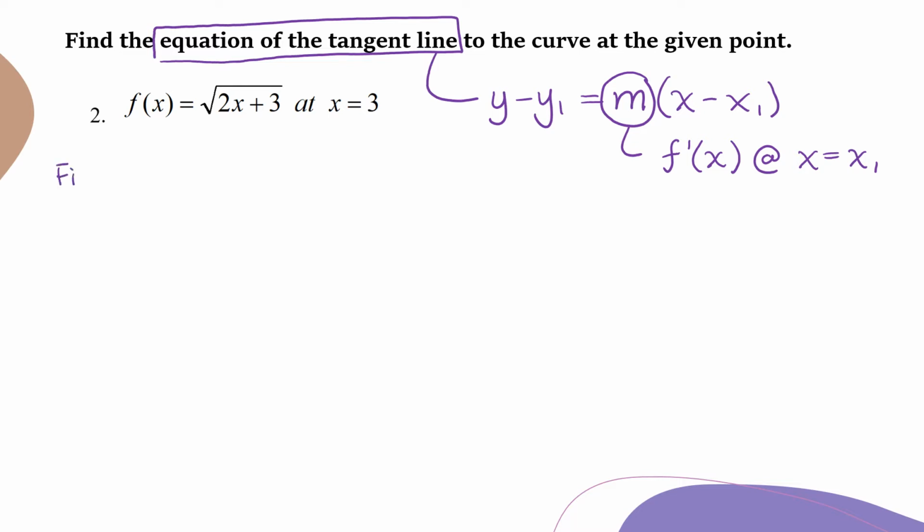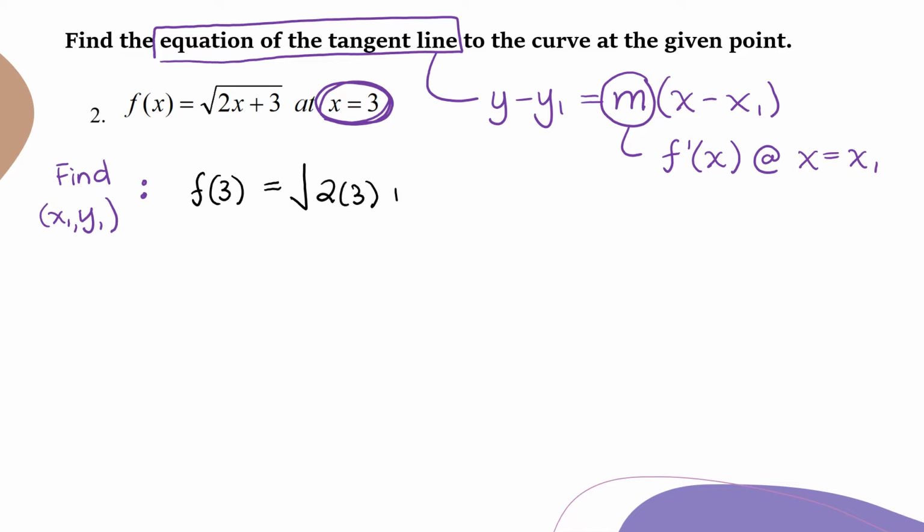So we want to find x1, y1, and we're given that we're looking for this at x is equal to 3, which means we want to find f of 3. So we'll substitute 3 into our function, the square root of 2x plus 3, so we have the square root of 2 times 3 plus 3.